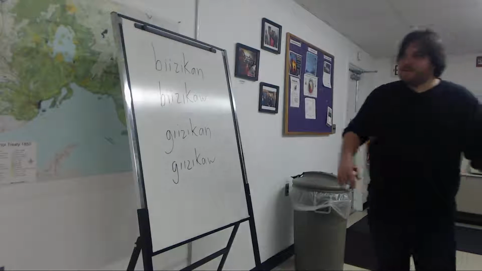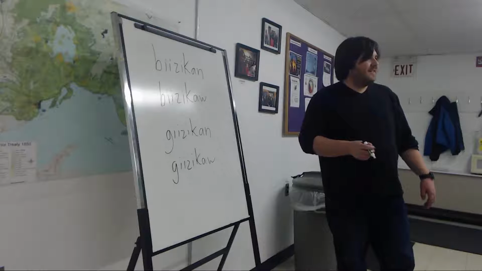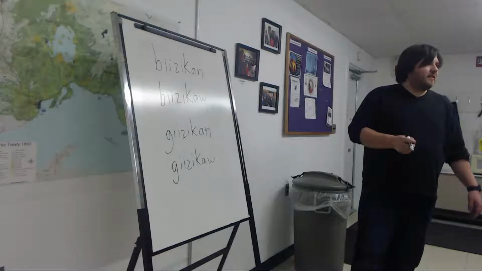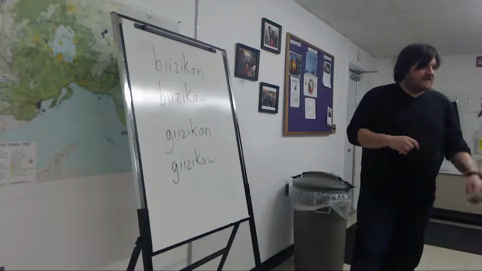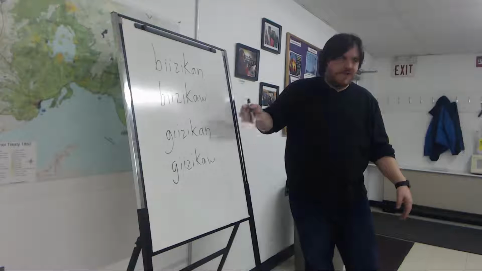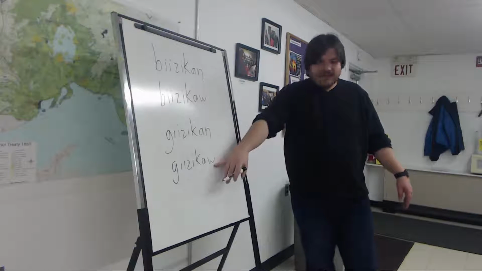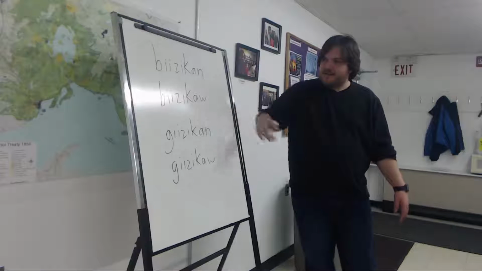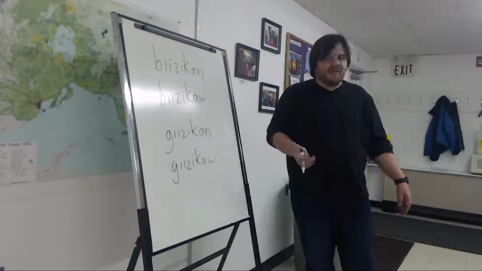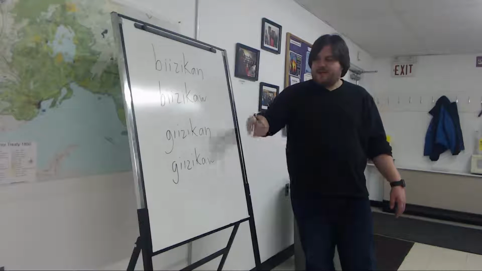So do you remember "beezicun" and "geezicun"? To put on, and take off. Now, if one of the clothing articles is considered animate, you'd have to use the AW one there. That's the command form. So it's kind of like put him on.